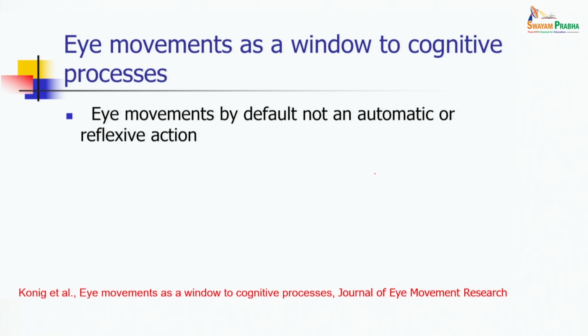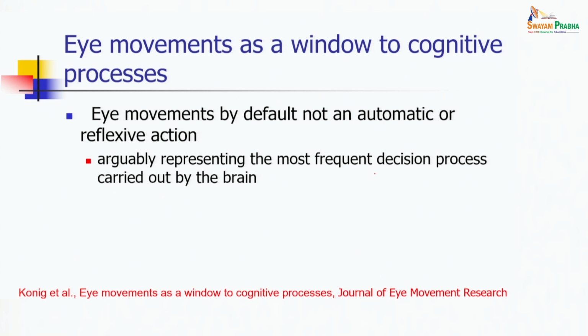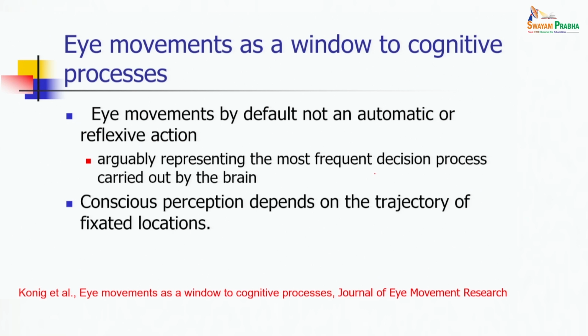So eye movements are not automatic or reflexive actions, and they represent the most frequent decision process carried out by the brain. So conscious perception depends on the trajectory of fixated locations.